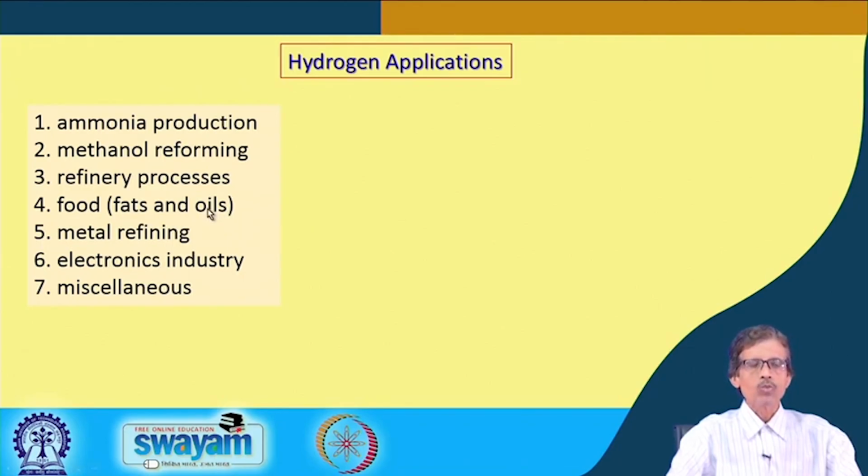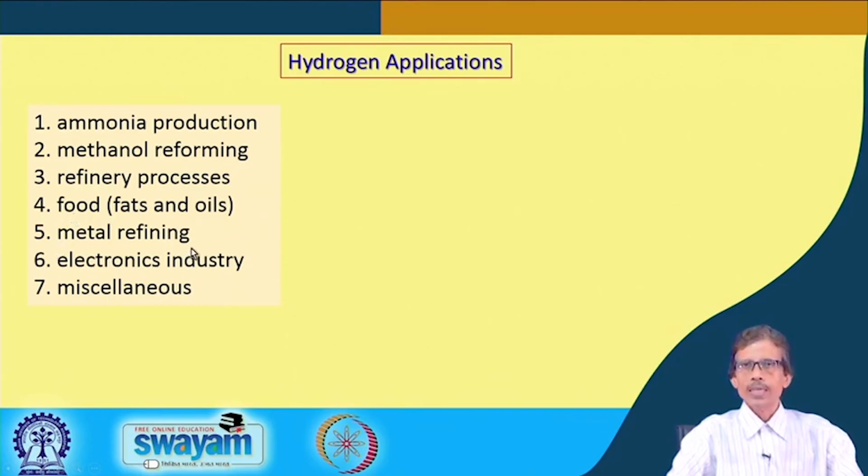So margarine is also made by hydrogenation, utilizing a catalytic hydrogenation process using some catalysts. Then fats are also produced through hydrogenation. So for this purpose we require a good amount of hydrogen which is of high purity. So starting from hydrogen as fuel, we can utilize it for food material.